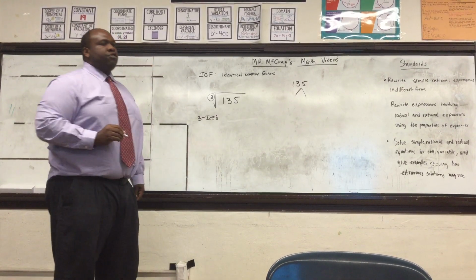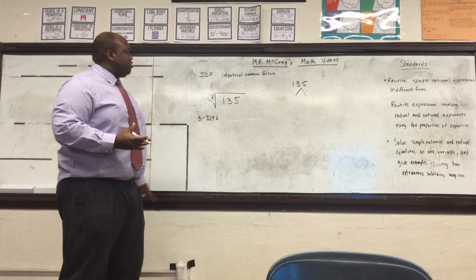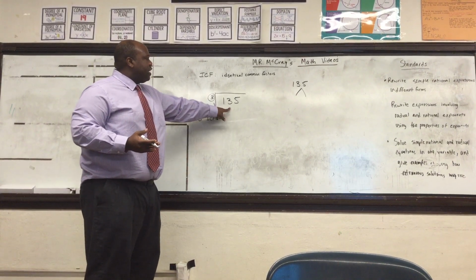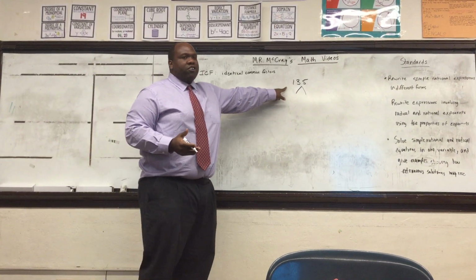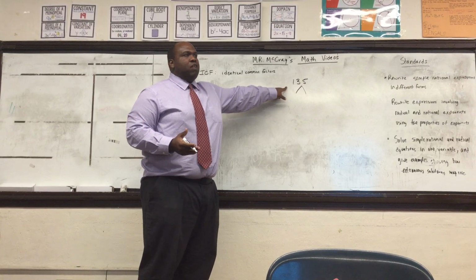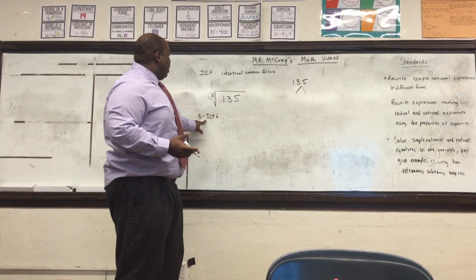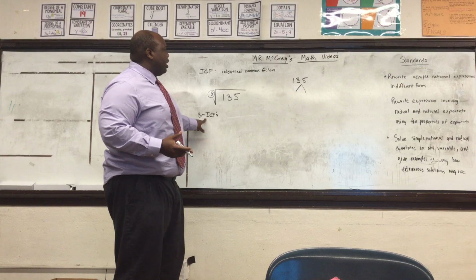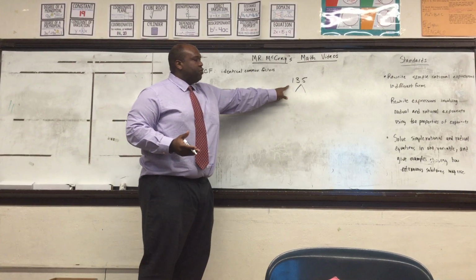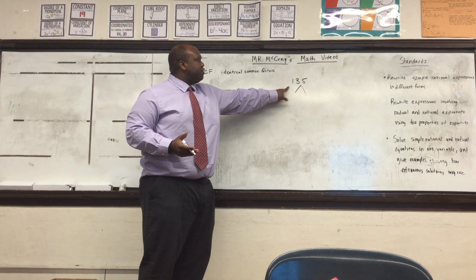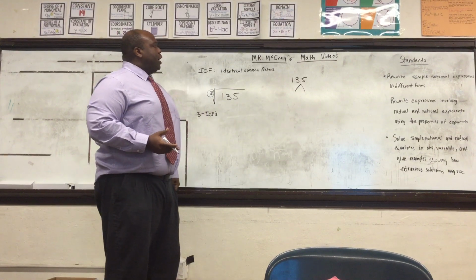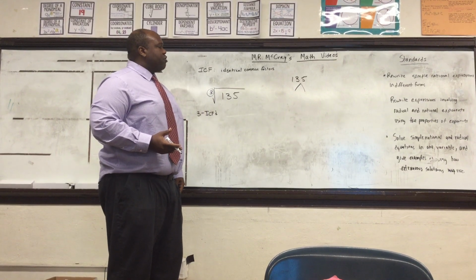Okay? So to find this information, we're going to take 135 and make a factor tree out of it, and we're going to get to the ICFs, okay? First, we have 135.